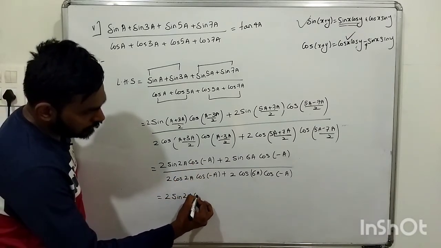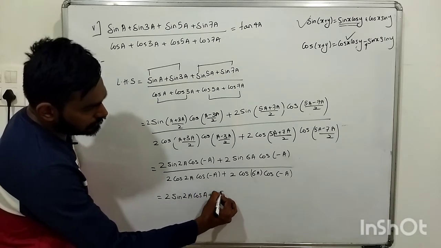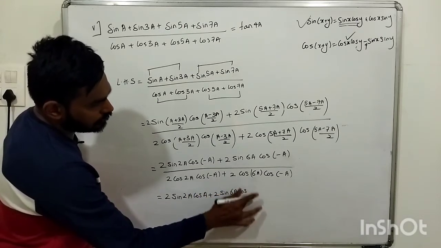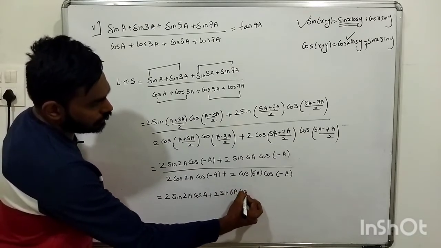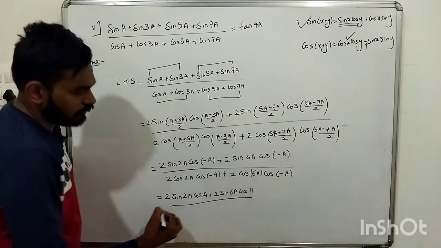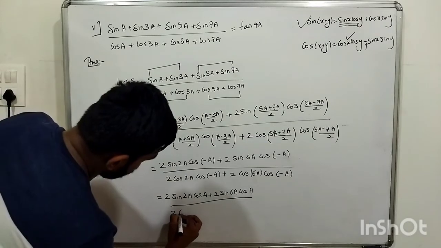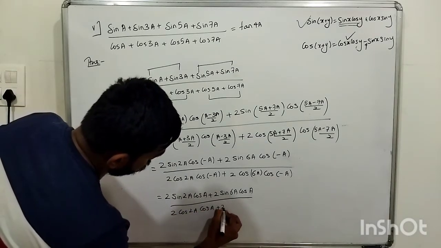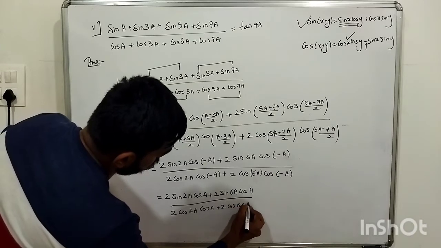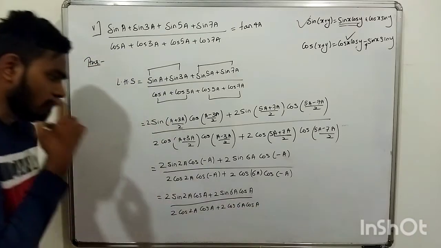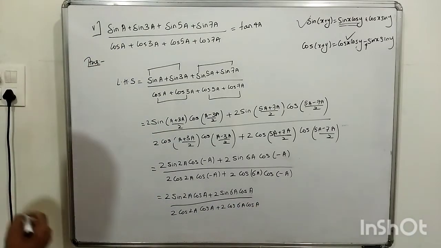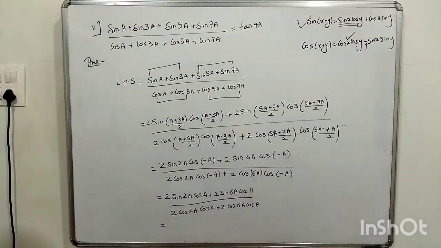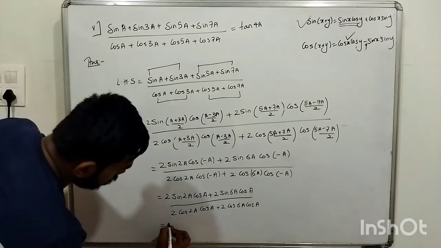So we get 2 sin 2A cos A plus 2 sin 6A cos A, upon 2 cos 2A cos A plus 2 cos 6A cos A. Now whatever is common we can take out: 2 and cos A from numerator and denominator.